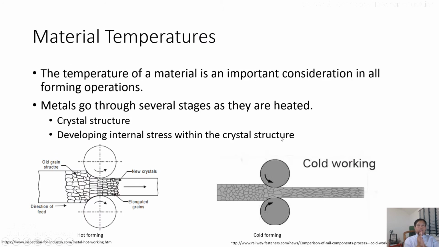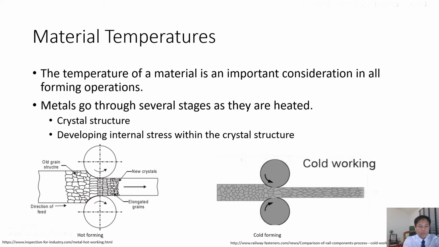And then the next element is material temperature. Temperature determines the internal structure of the object. There are two types of forming method in terms of temperature.